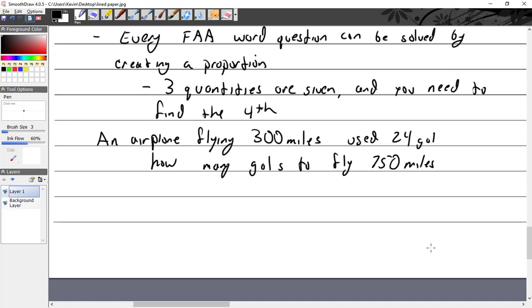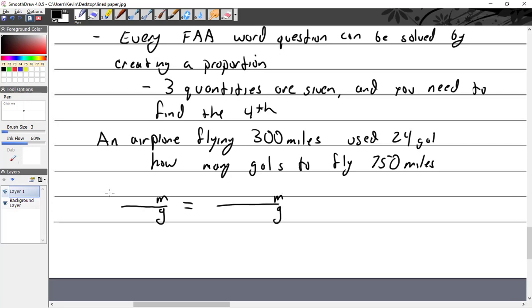All right, so we're just going to set it up as a simple ratio problem. You have a line equals a line. On one side we have miles, gallons, and the same thing over here: miles, gallons.